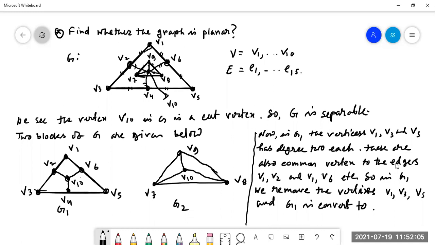These vertices have common edges: V1, V2, V1, V6, as well as for V3 it is V3, V2, V3, V4, and for V5 it is V5, V6, V5, V4. So each of these vertices is common to both edges, but the degree of V1, V3, and V5 is 2, right? So we can remove V1, V3, V5 from here.